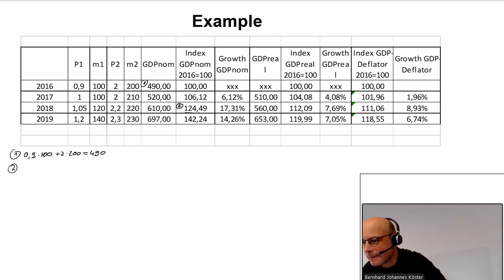Sorry. Yes, this is 610 divided by 520 multiplied by 106. Great. So 610 divided by 520 times 106.12 is 124.49.